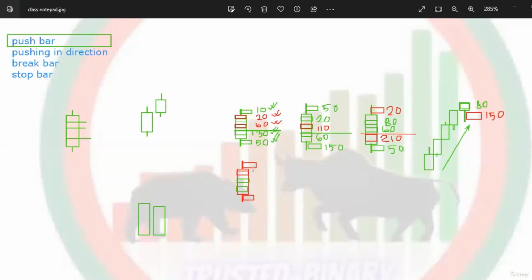In this candle, if we see the situation like that, from this point like 230, here 20, here 100, here 50, here 30.